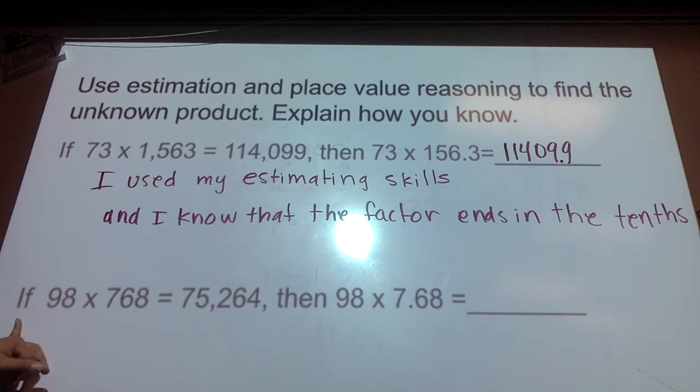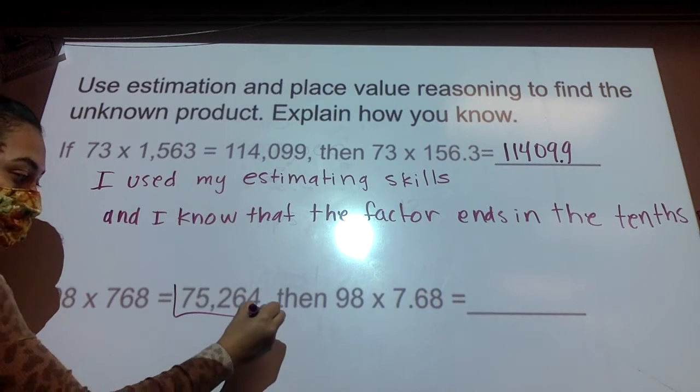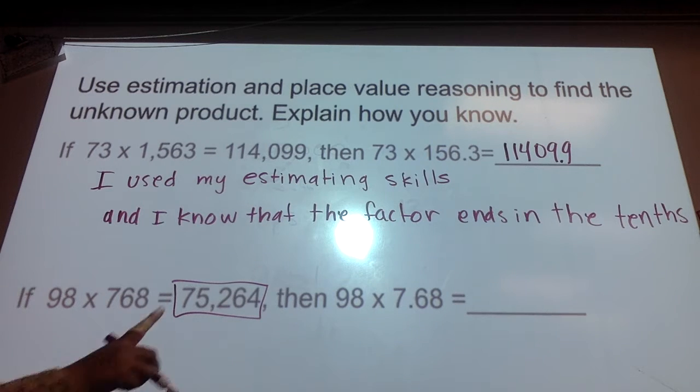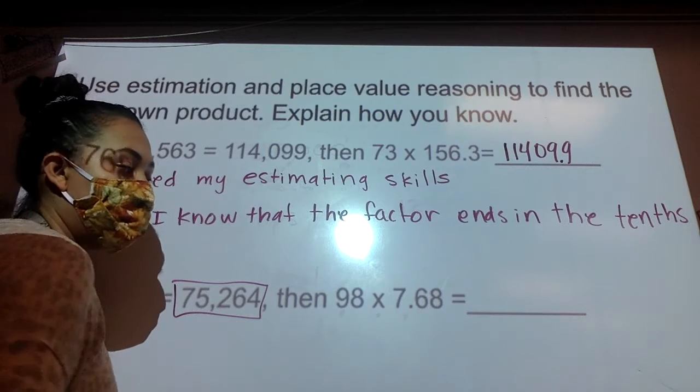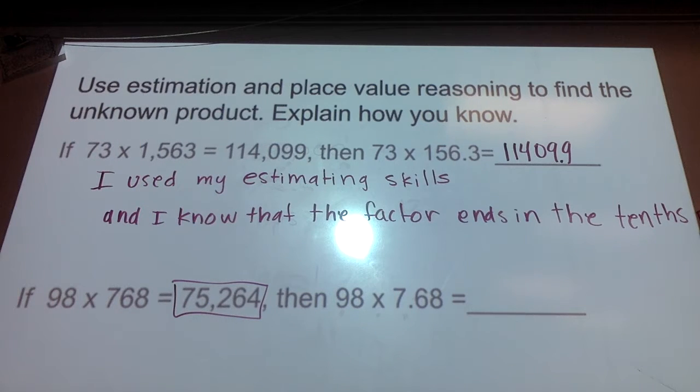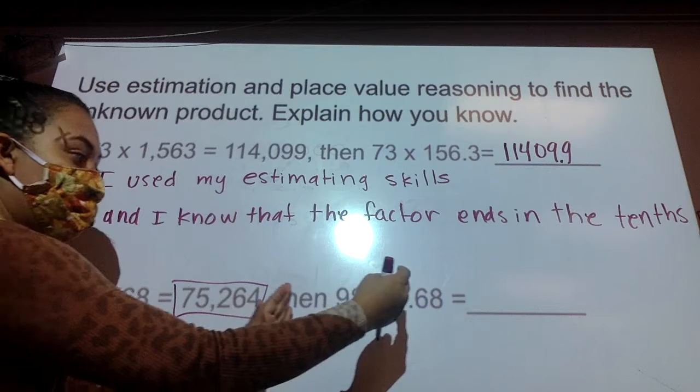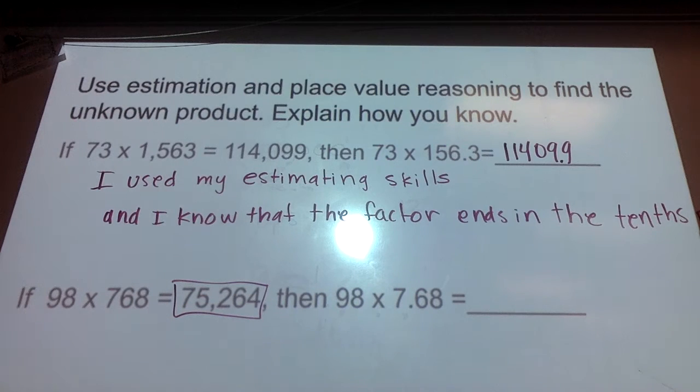Okay, next one. Ready? Wipe off your board if you need more space. Okay, so if 98 times 768 equals this, then what is 98 times 7 and 68 hundredths? So what's the same about these two equations? One of them just has a decimal, but they're the same numbers.